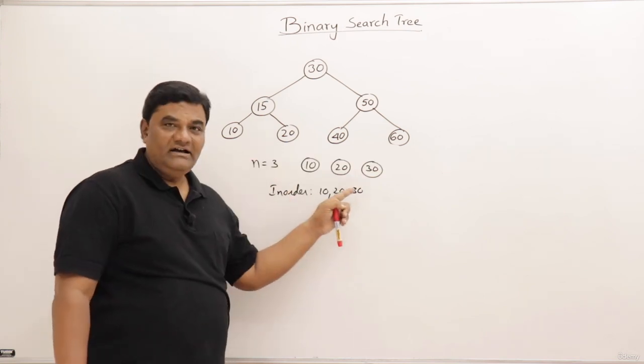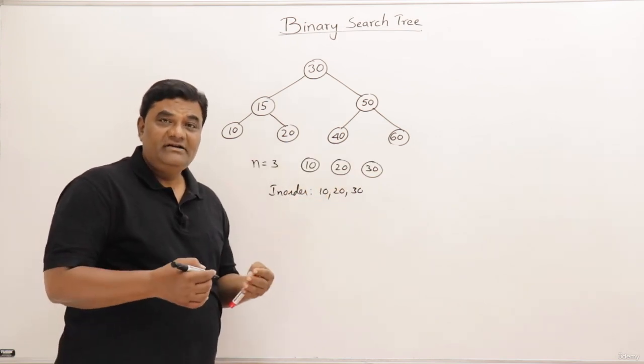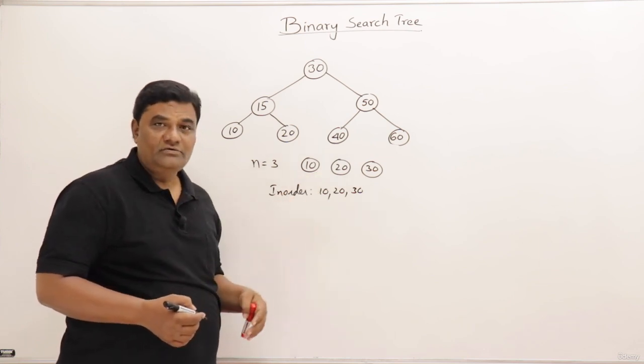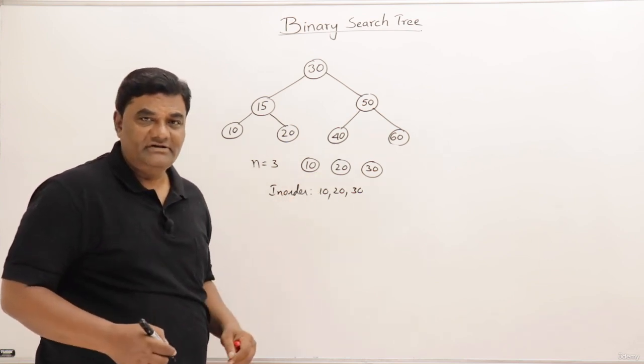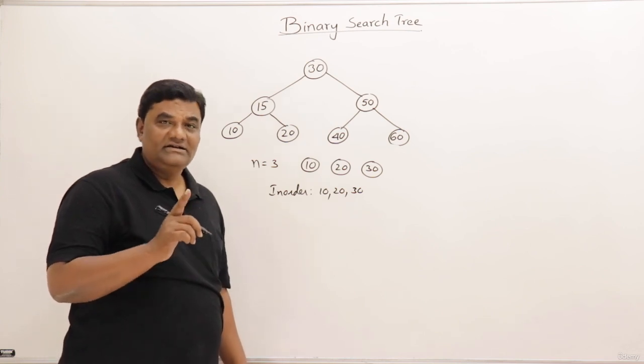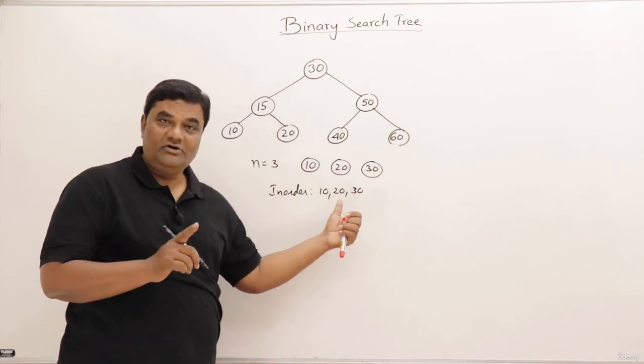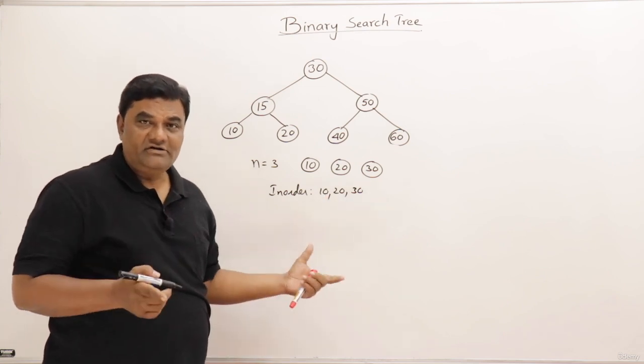See here I have 3 nodes: 10, 20, 30. I want to generate binary search trees from those 3 nodes. What are the different shapes possible? We know very well that if we take the in-order of a binary search tree, we should get the elements in sorted order, so always it should be sorted order.